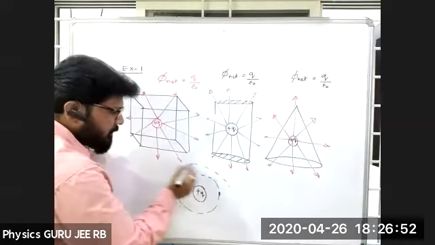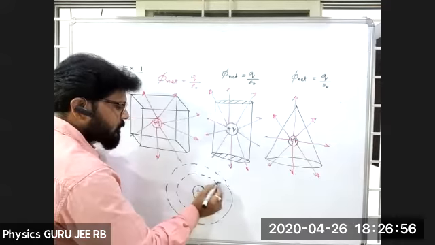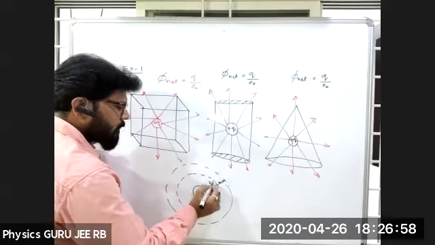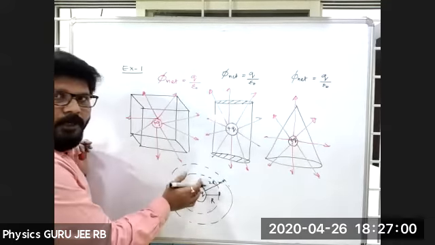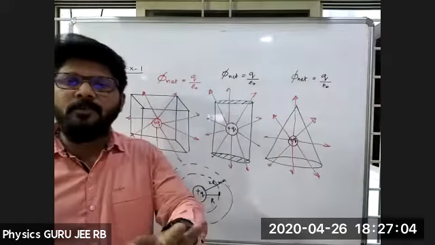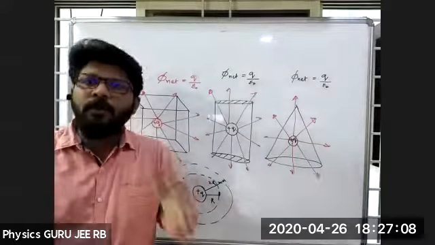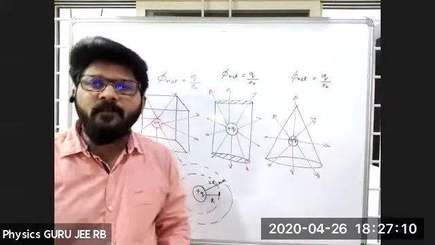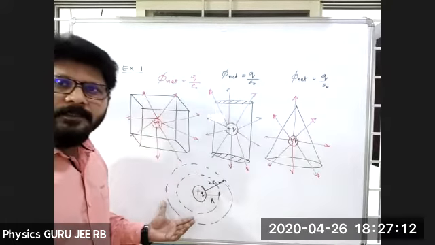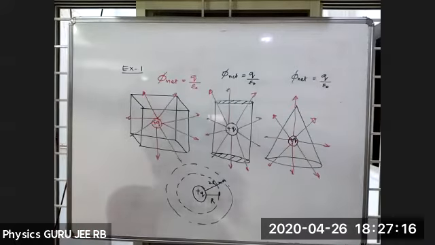If this is at a distance of R, this is at a distance of 2R, and so on, going on increasing, the size of the closed surface does not affect the net flux linked with this particular shape. Just take it down. If you have any doubt, let me know.